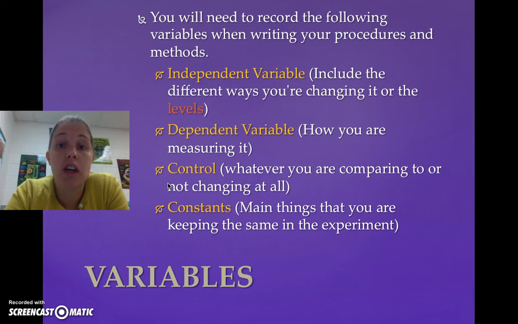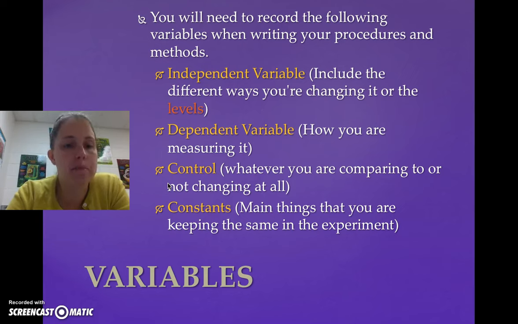So you need to make sure that you record the independent variable and include the different levels of the independent variable. That means the different ways you're changing it. So if you're testing the effect of the amount of water on plant growth, then your different levels of the independent variable, because independent is the cause and the cause is the amount of water, your different levels would be the different amounts of water you're giving to the different plants.